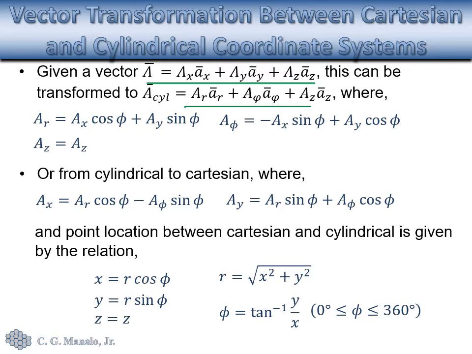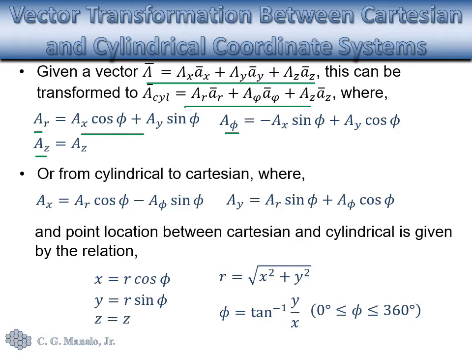The way to do that is actually two steps. First, we compute the components for the cylindrical coordinate system. So we have a sub r, which is given here, a sub phi, and a sub z. Well, a sub z is still the same as a sub z in the Cartesian coordinate system.